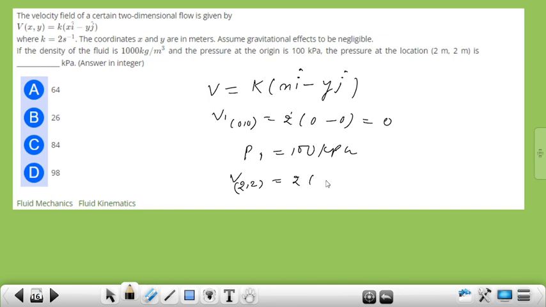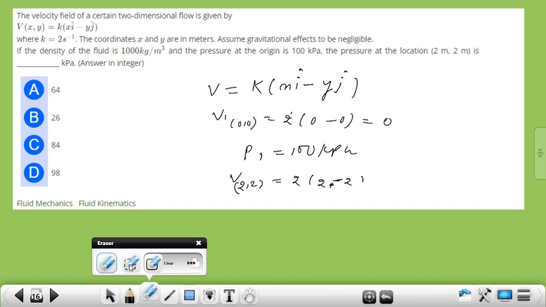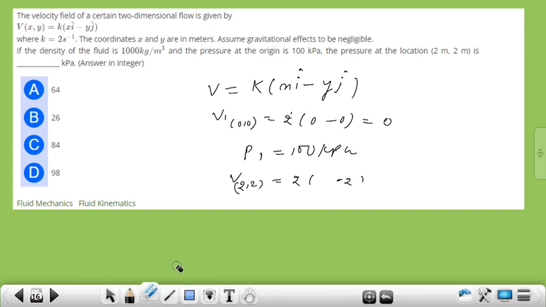So 2 into x value 2 and y value 2, this is 4 i cap minus 4 j cap.